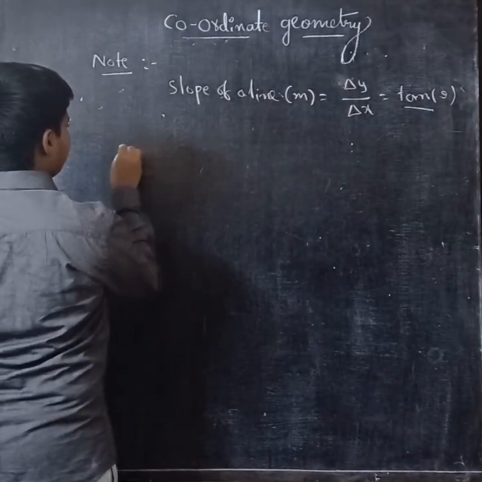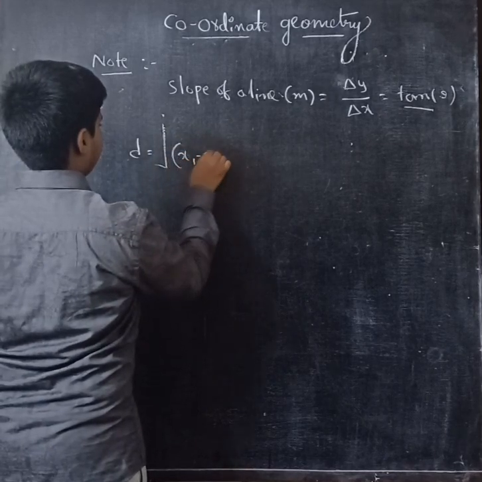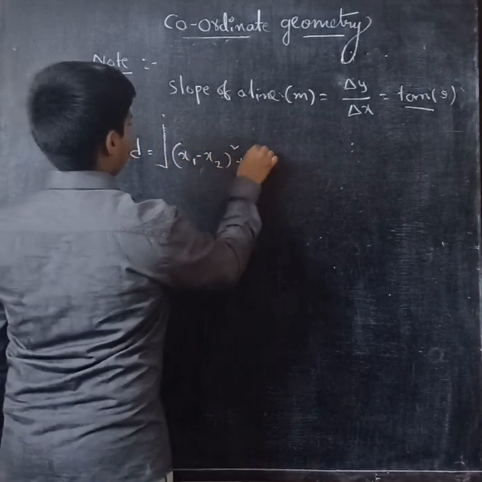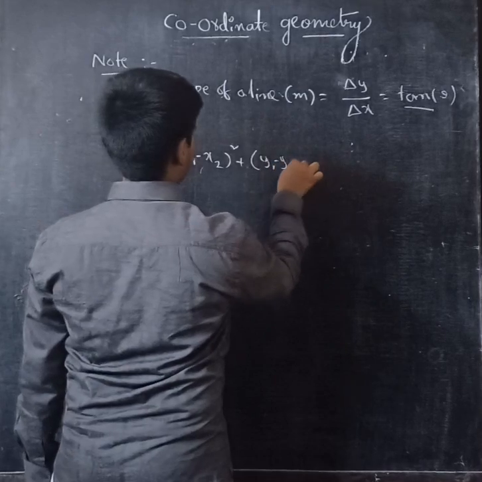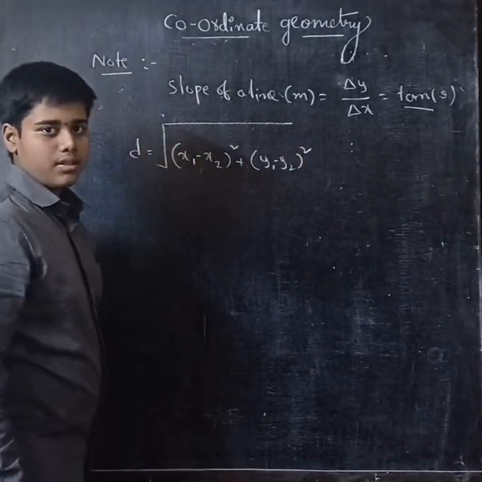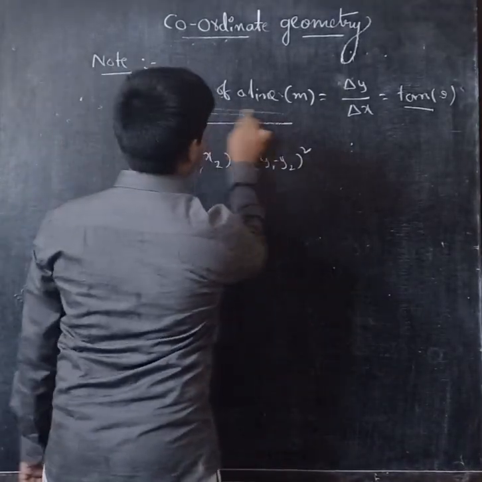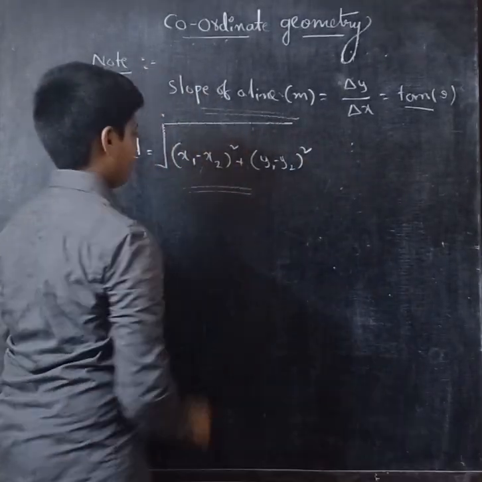And the next one, the distance formula: root of (x1 minus x2) whole square plus (y1 minus y2) whole square. These are the two important formulas, and the slope is very important and the distance is also very important.